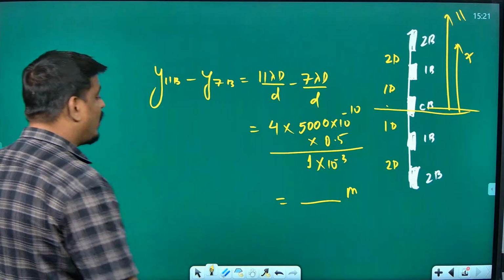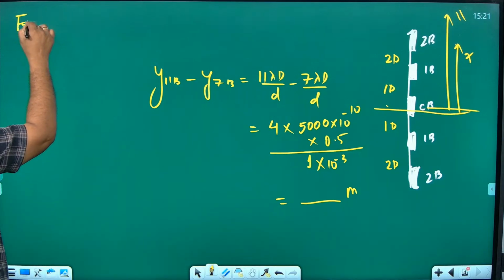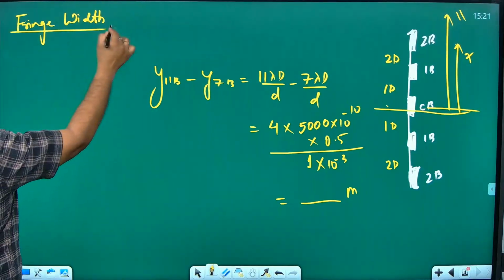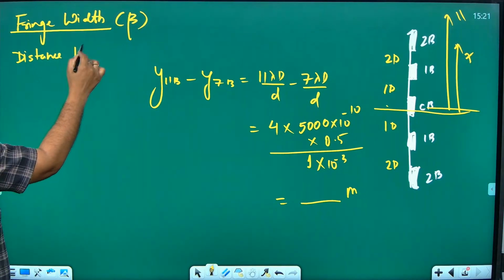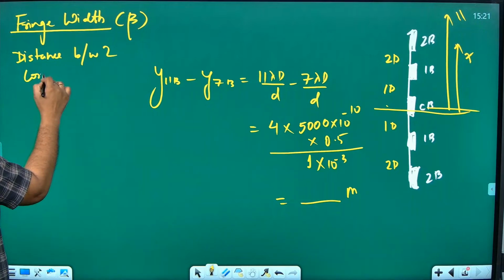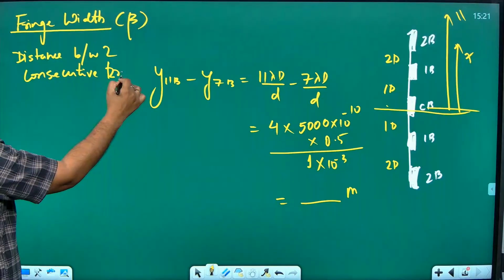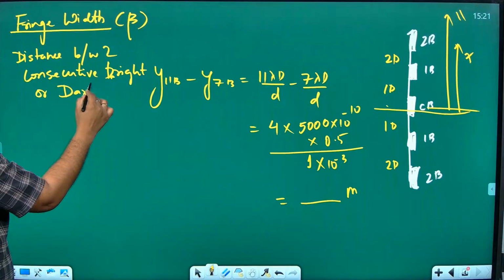Also, if you want to find the fringe width, what is the meaning of fringe width? It is actually a topic, write it down somewhere here. Fringe width is given by the letter beta. Fringe width is the distance between two consecutive bright or dark spots.